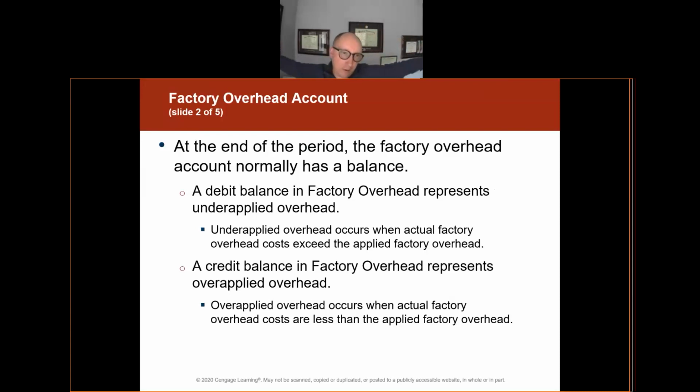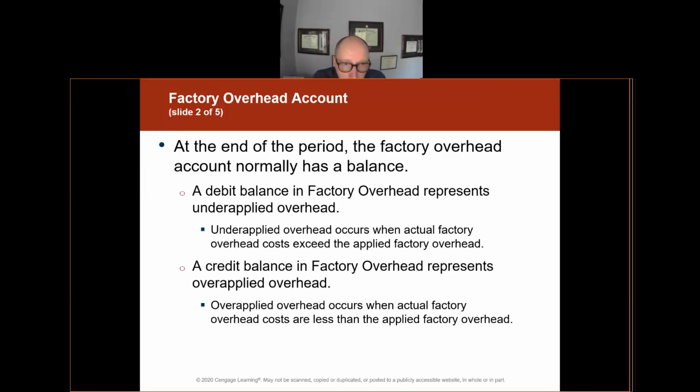At the end of the accounting period, as you know, the factory overhead normally has a balance. In some cases, we either under-apply or over-apply factory overhead.